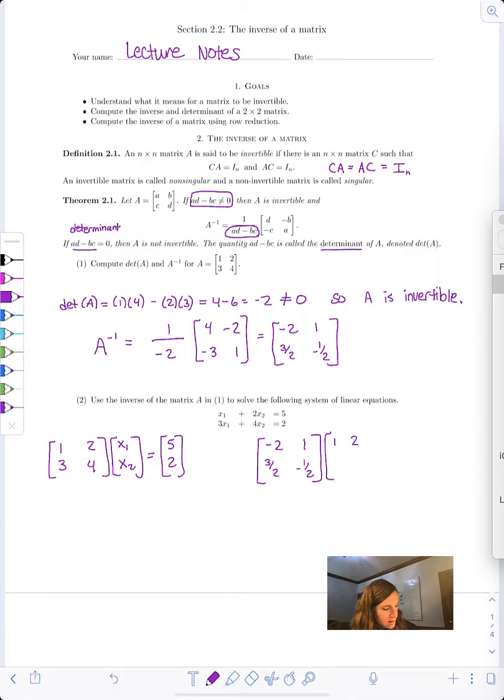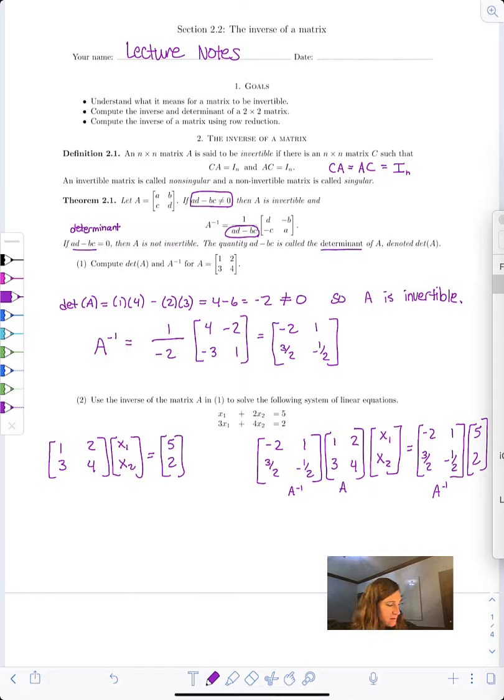So we take that, and we know that this matrix was A, this matrix is A inverse, and anything that we do on the left-hand side, we have to do on the right-hand side as well. Just like with all equations, we need to multiply that 5, 2 by A inverse.